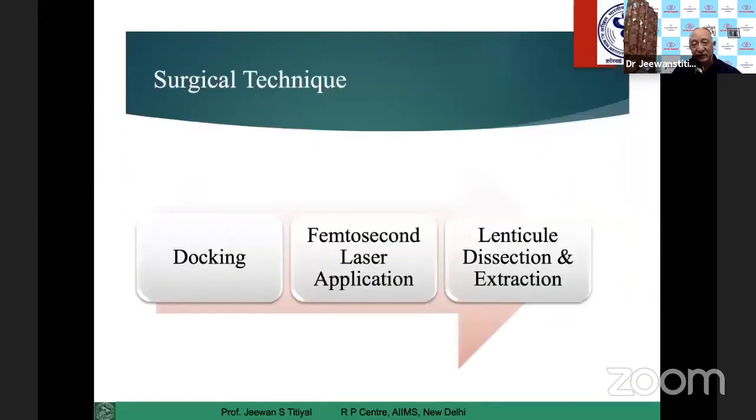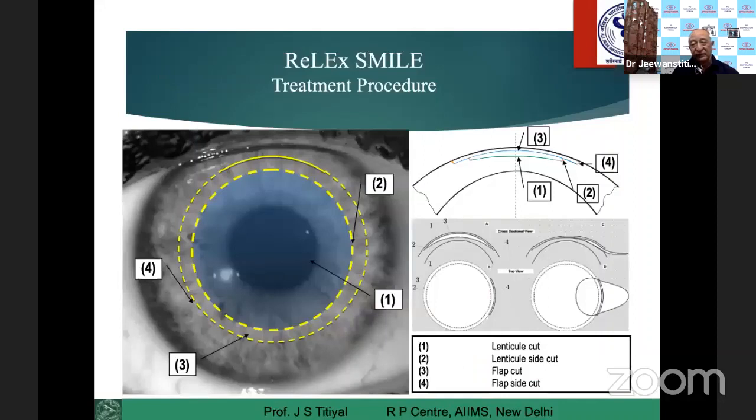So basically there are 3 steps. One is docking the patient with the appropriate contact lens, then the application of the laser to create the lenticule, then the surgical aspect where you have to dissect out the lenticule and take it away from the pocket, and the patient is subsequently managed post-op in a different manner than a LASIK patient, which I'll come to later.